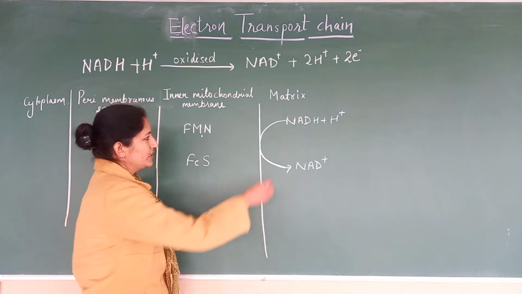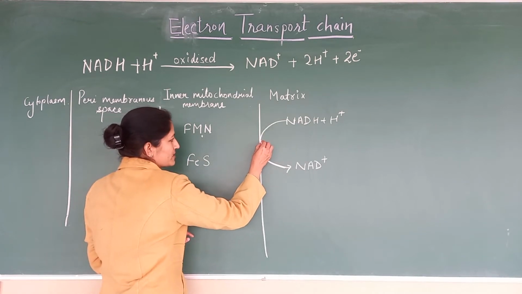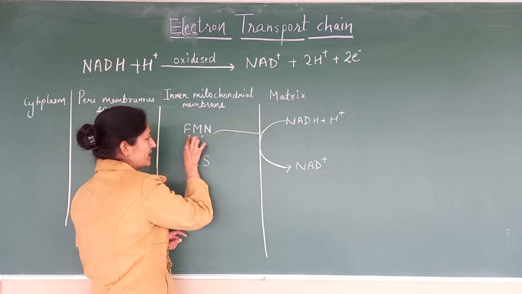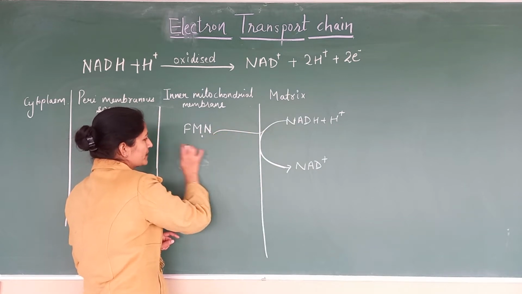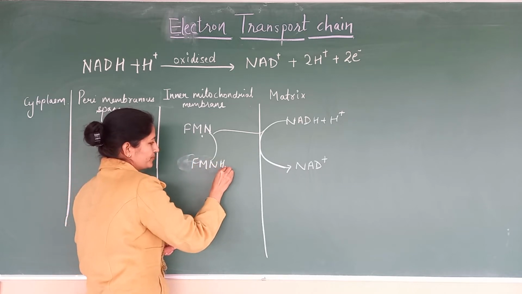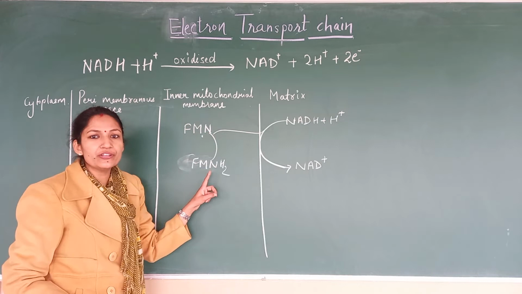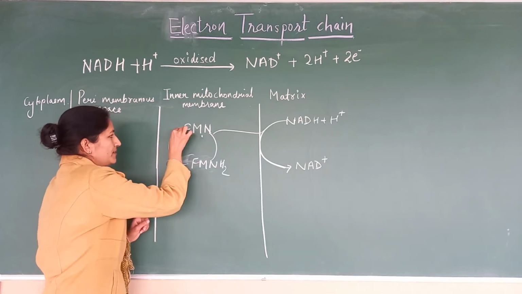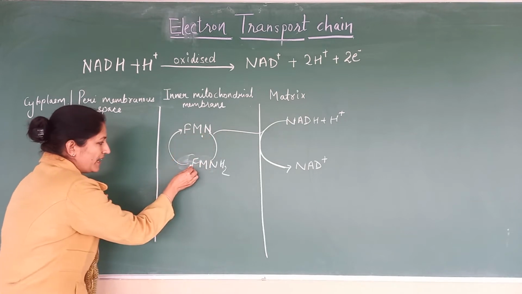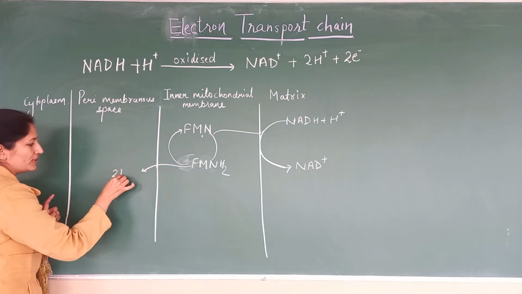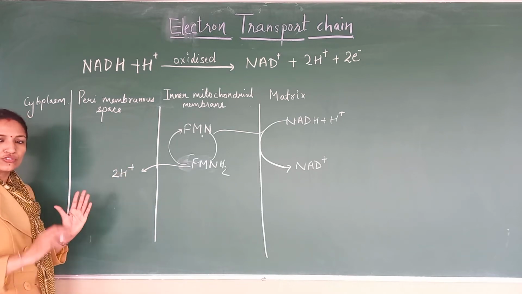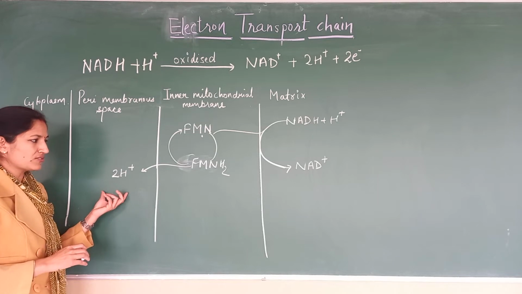So very first the proton, this is going to get oxidized. The protons are taken by FMN and FMN gets converted into FMNH2, or it gets reduced. This will again be converted into FMN by releasing 2 protons in the perimitochondrial membranous space, the space between the 2 membranes, there it is released.